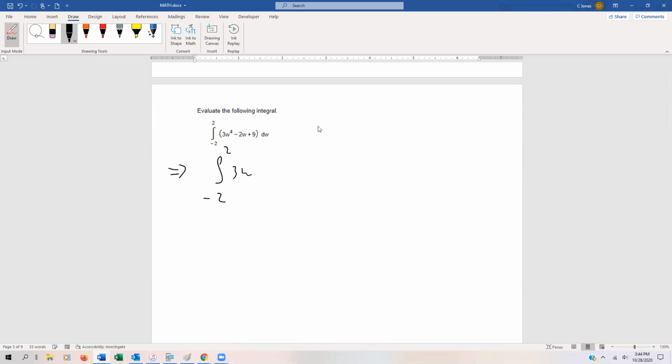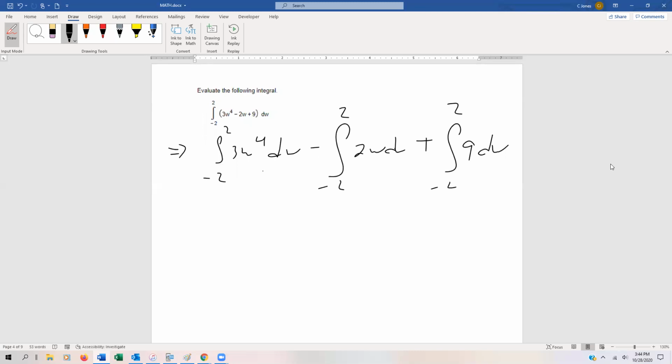But we get the integral from -2 to 2 of 3w to the fourth dw, minus the integral from -2 to 2 of 2w dw, and then finally plus the integral from -2 to 2 of 9 dw. Now, what do we know about each of these different integrals? Well, we know that this one is even, this one is odd, and this one is even.